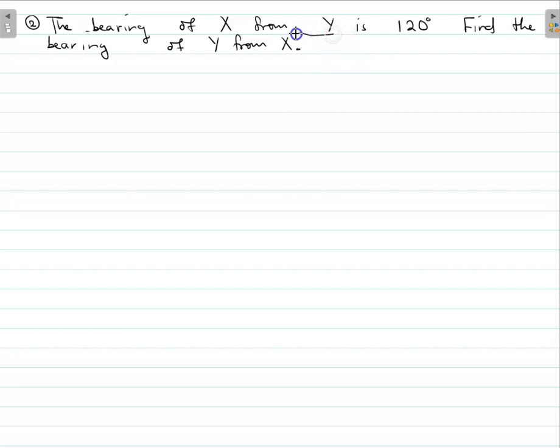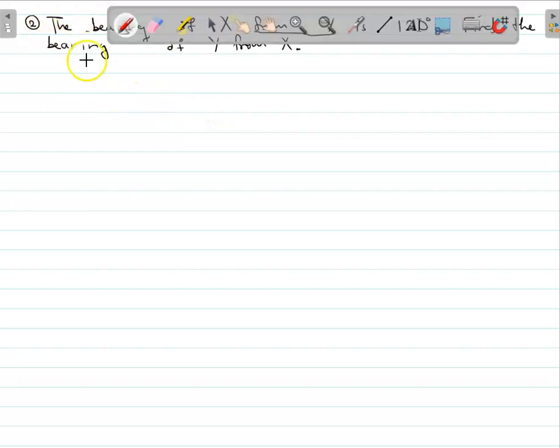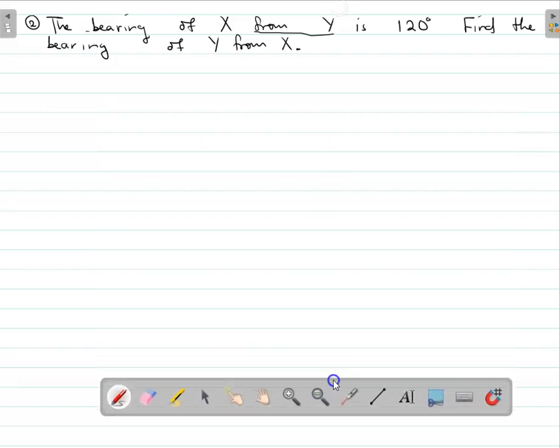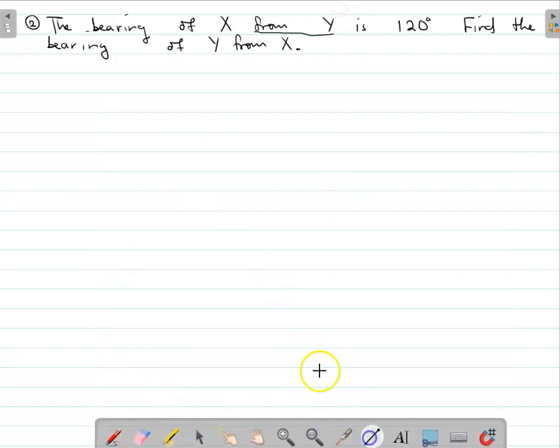Since they said from y, we start by finding the position of y. Right, so there is our y, and this is the north. This is 120 degrees, and we know that this is 90 degrees, this is 180 degrees.